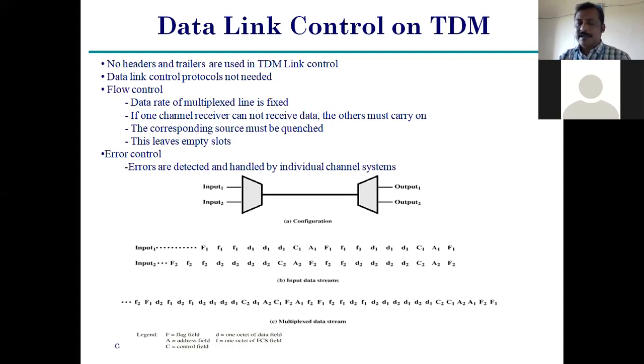But the sending process is very high compared to the receiving process, and one problem occurs at the time of receiving. That problem is the source quench problem. Source quench means the sender is quenched.